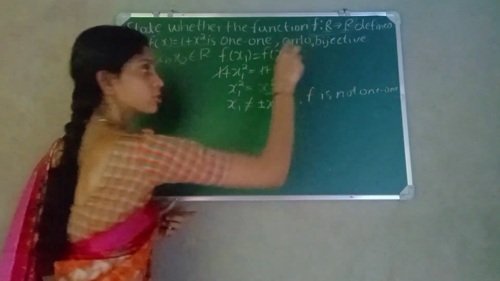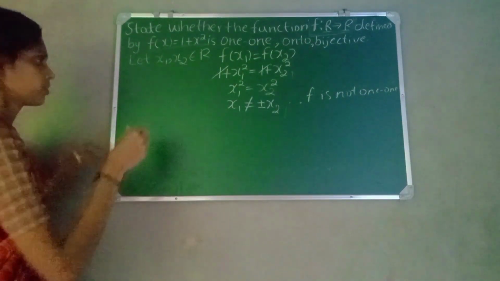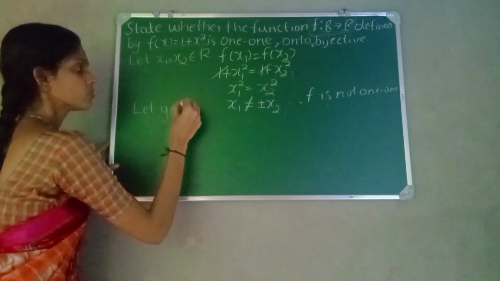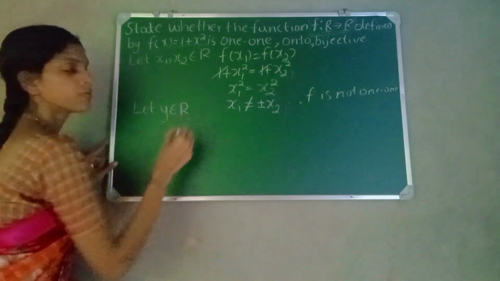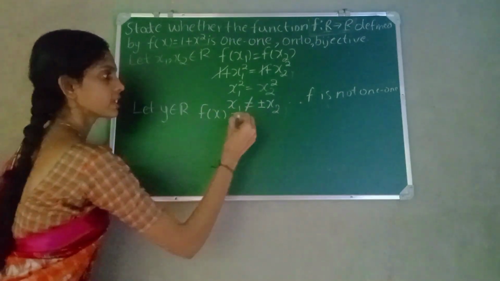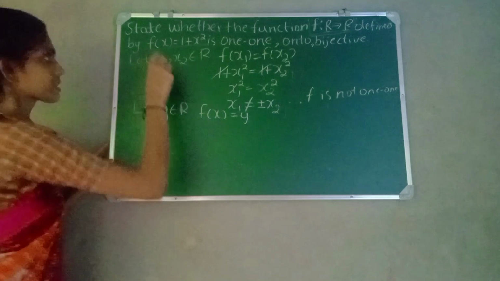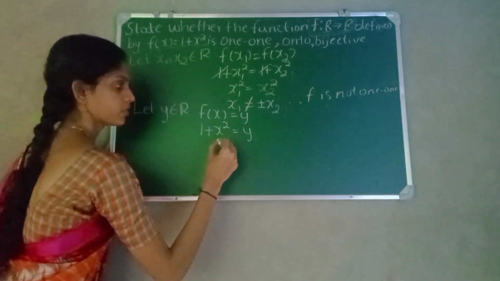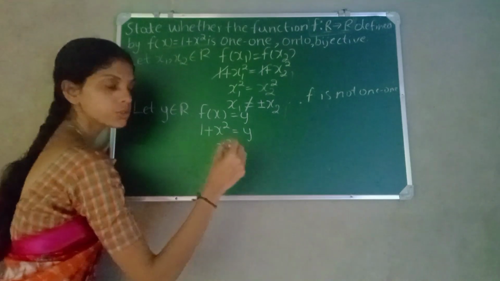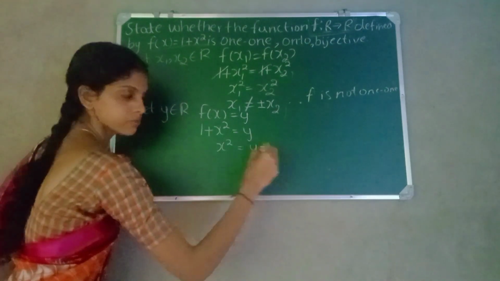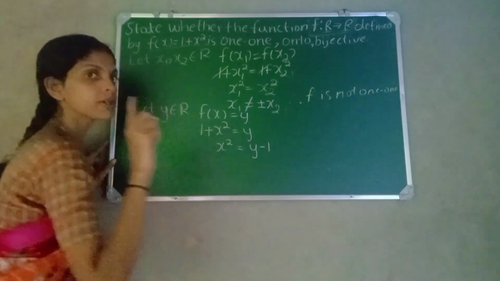Now we have to check whether it is onto. So let y belong to R such that f of x is equal to y. So f of x, that is 1 plus x square, is equal to y. x square is equal to y minus 1, when shifted to the right-hand side it becomes minus 1.